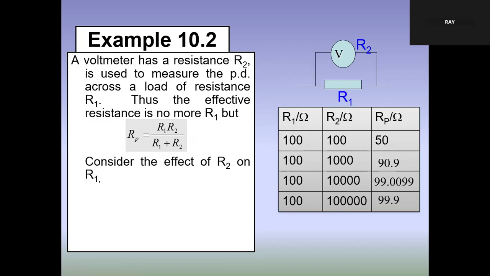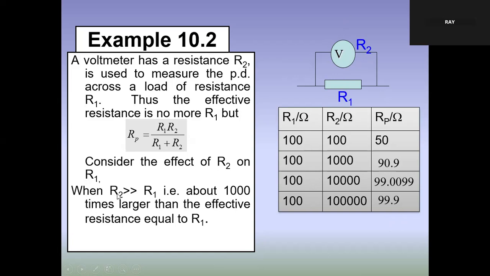You can see that if R2, the resistance of the voltmeter, is a thousand times higher than the resistance we are going to measure, then the effective resistance doesn't change much. You can see 99.9. That's the advantage of having a high resistance voltmeter to measure the voltage across R1.